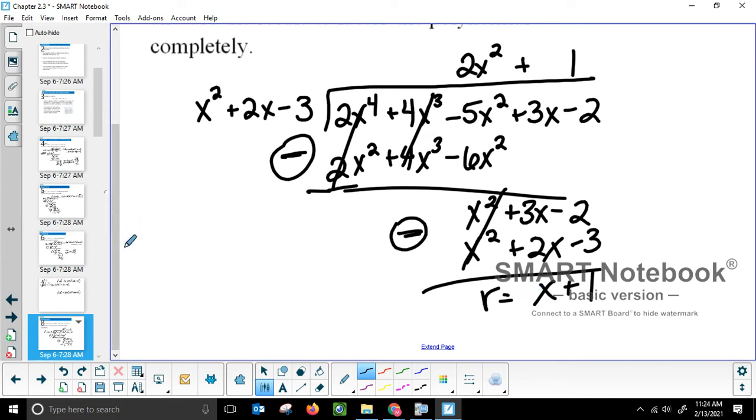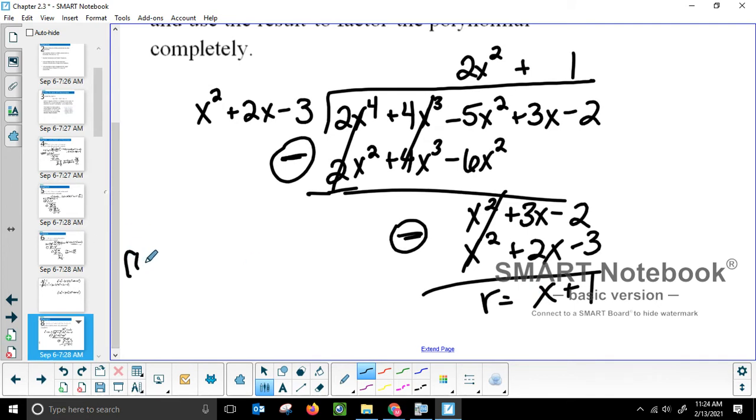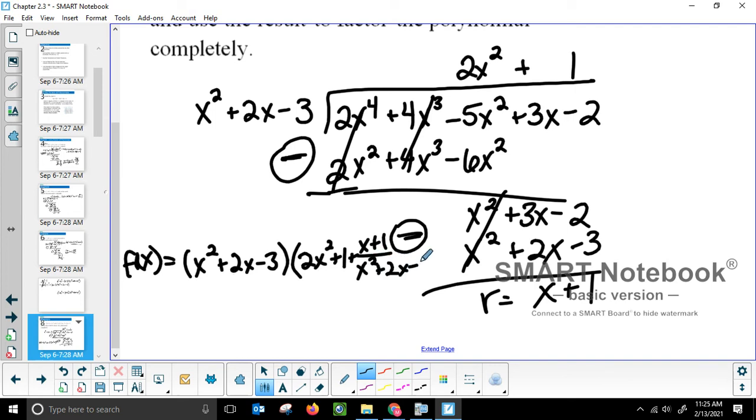So if I wanted to factor this, the polynomial is going to equal x squared plus 2x minus 3 times 2x squared plus 1, plus x plus 1 over x squared plus 2x minus 3.